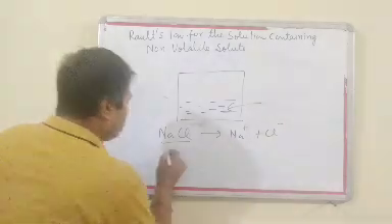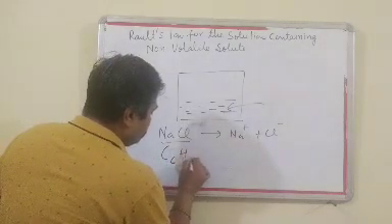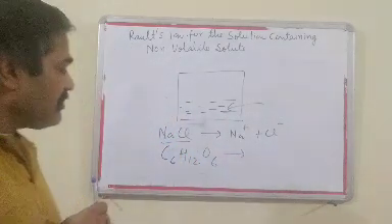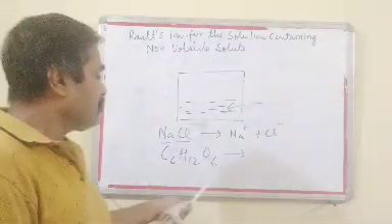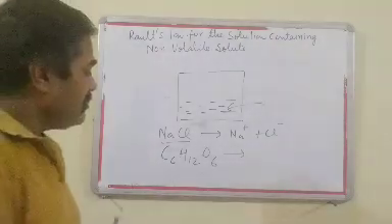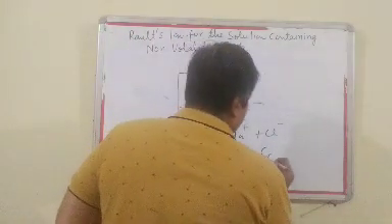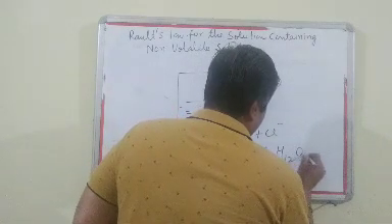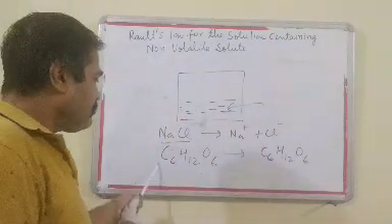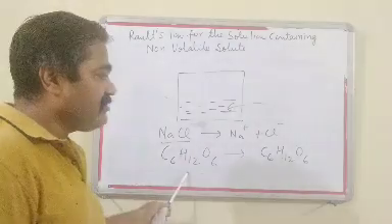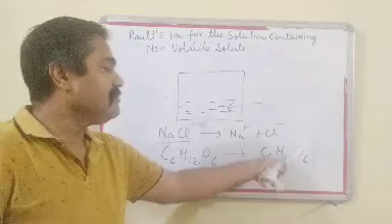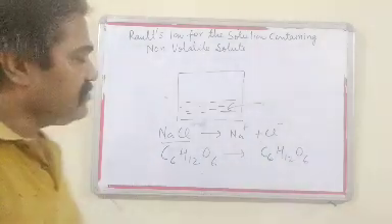Suppose we take a molecule of glucose and this glucose molecule does not dissociate. Okay, so this remains as it is. So whatever the amount of molecules added, we get the same amount of particles in the solution.